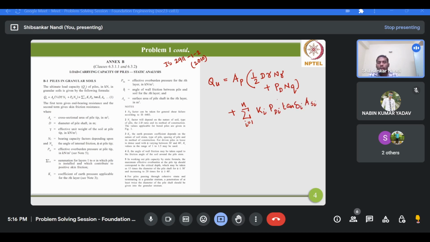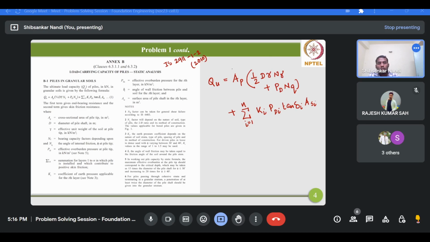So it's very similar to the formula given by Tomlinson's method. The only exception is that we are considering this component additionally. Okay, so this is the additional component, half D gamma N gamma.